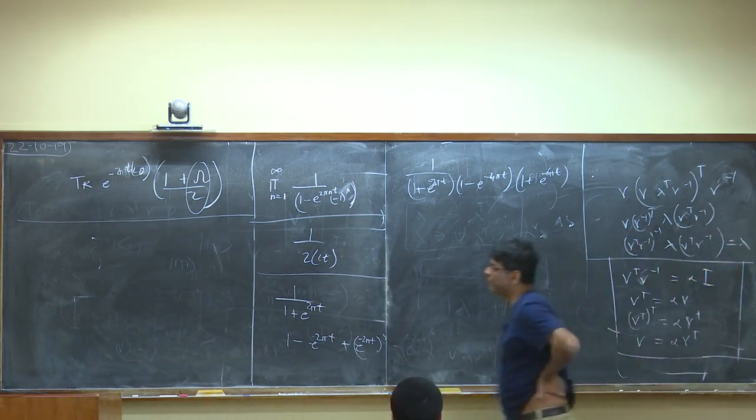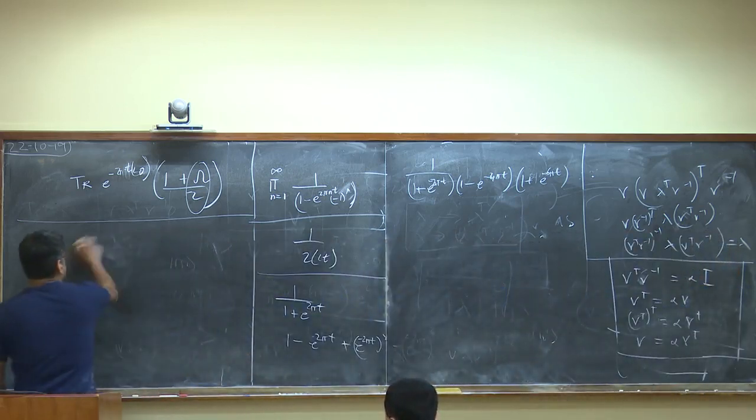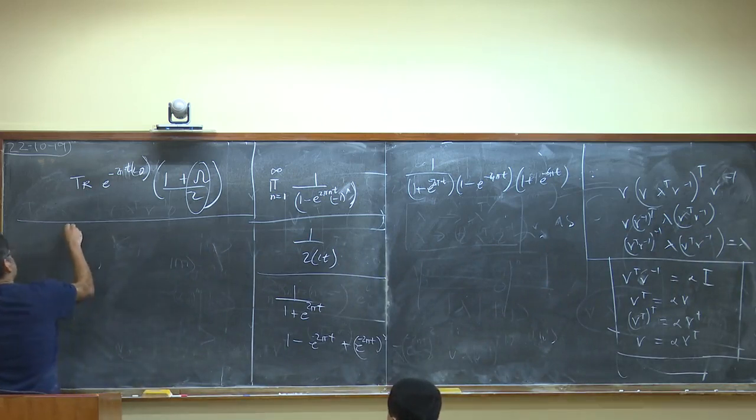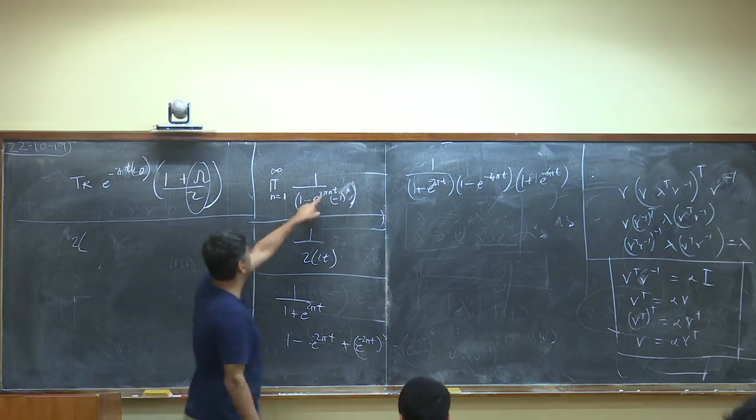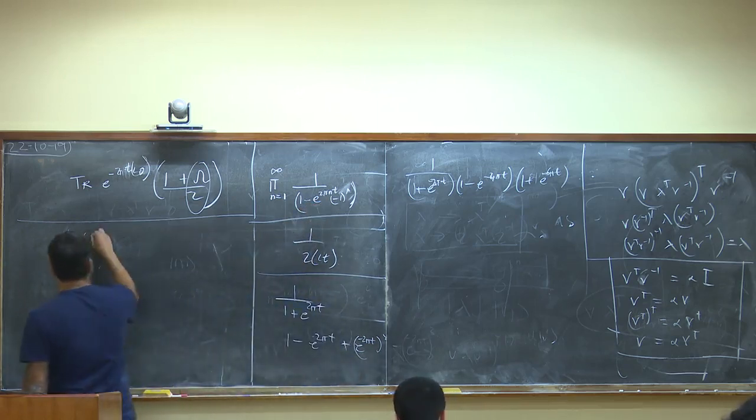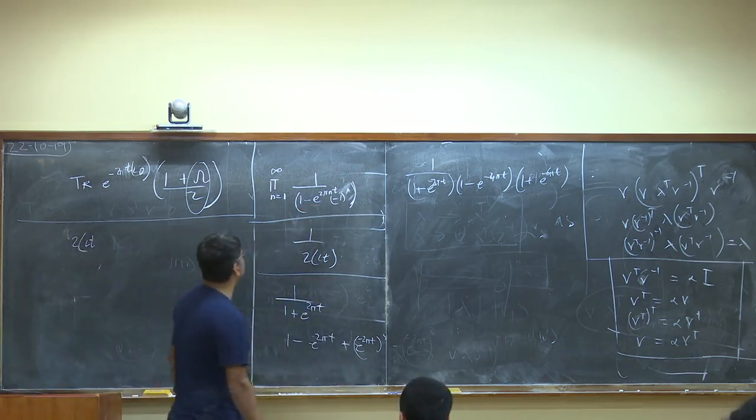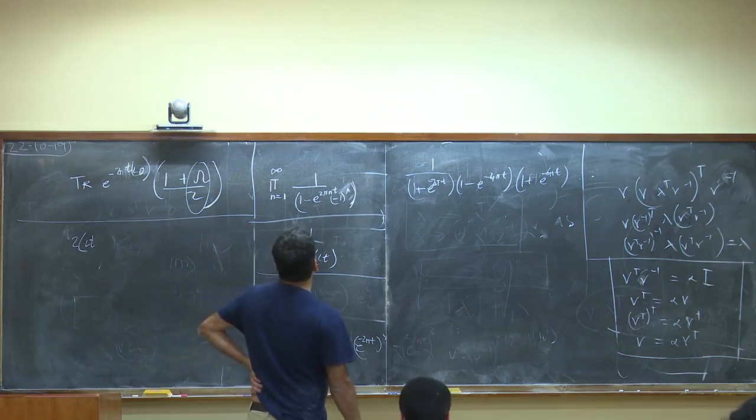That might be a way of deriving what I'm going to say next. Upmanyu's point is that this is the same as eta of it, but you just shift t by i pi over 2.